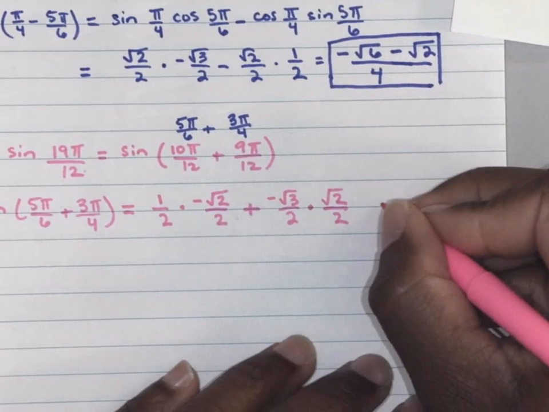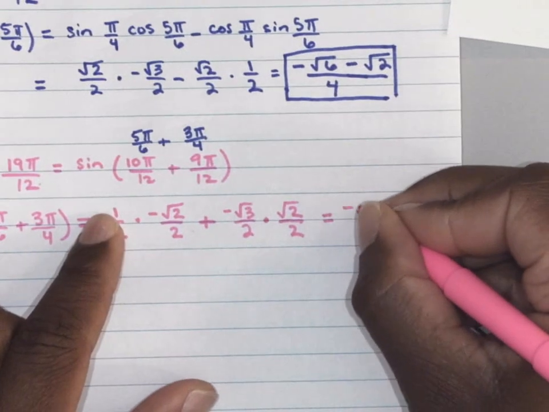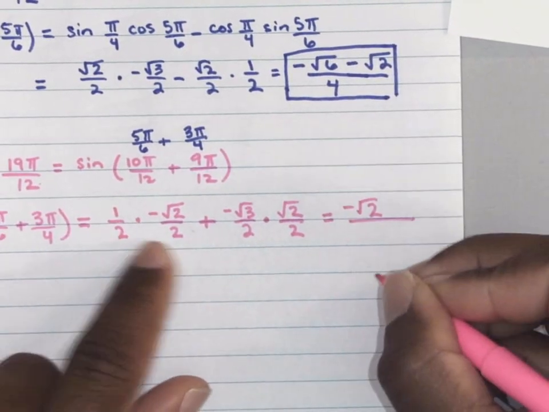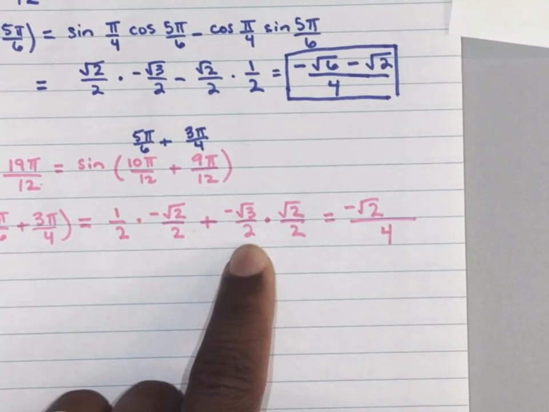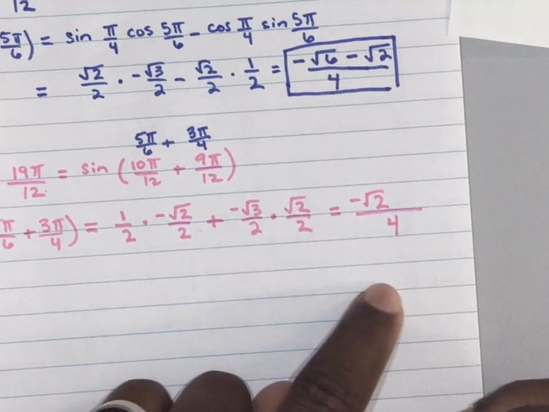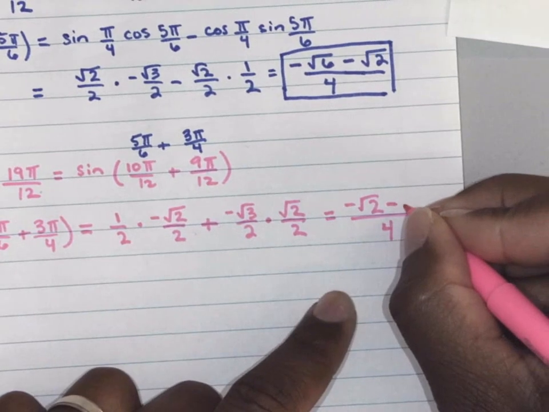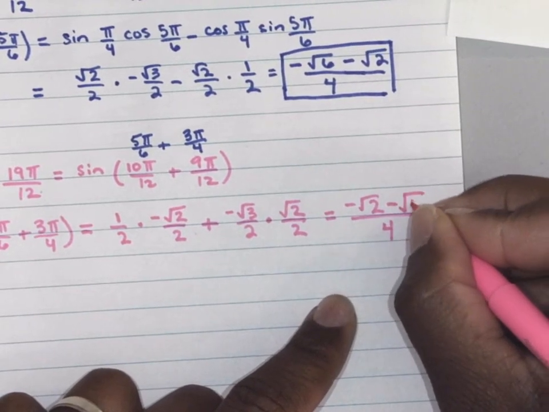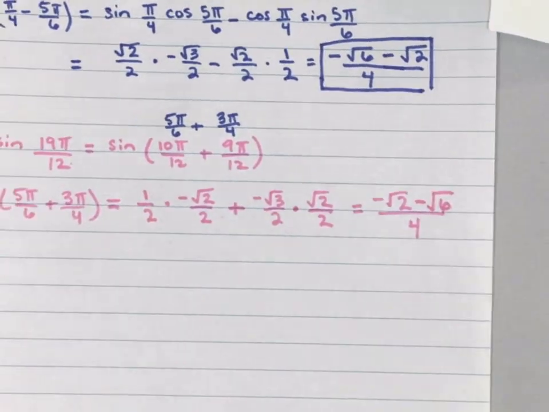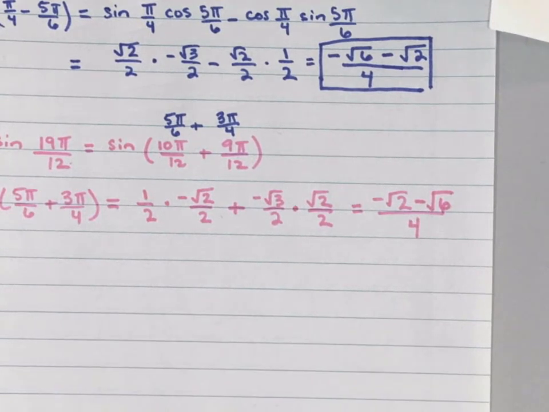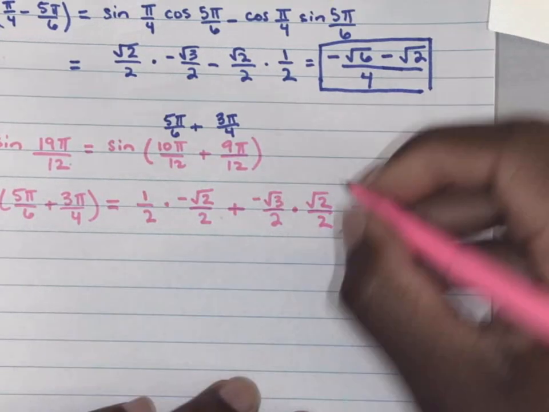The result for the first two is root 2 over 2 times 2, which is 4. The second one would also be over 4, so I'm going to go ahead and write them together. And then I got negative root 3 times positive root 2, which is the square root of 6. And this is my answer.